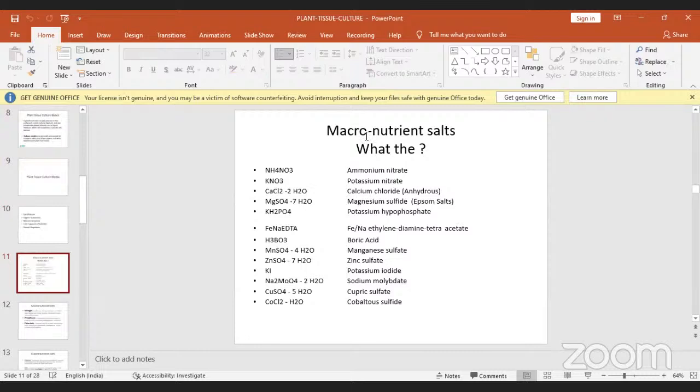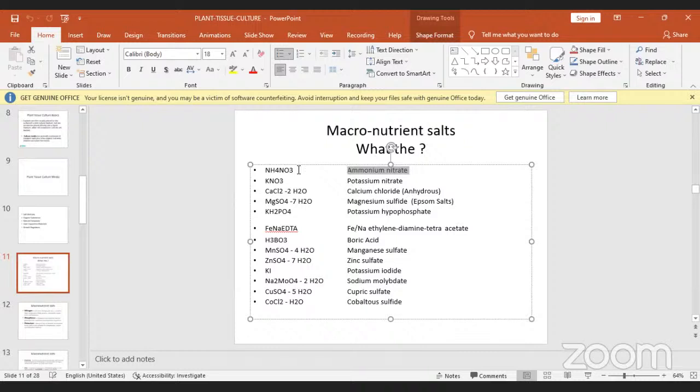First, the macronutrient salts: ammonium nitrate, NH4NO3, potassium nitrate, KNO3, calcium chloride, CaCl2 2H2O, magnesium sulfate, MgSO4 7H2O.